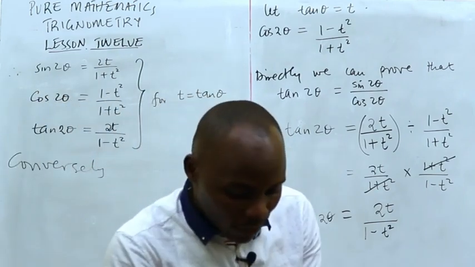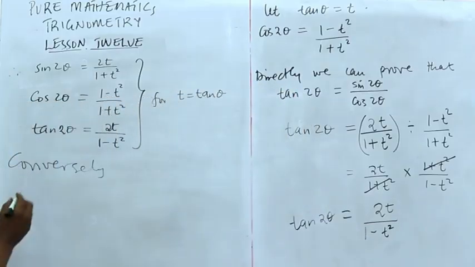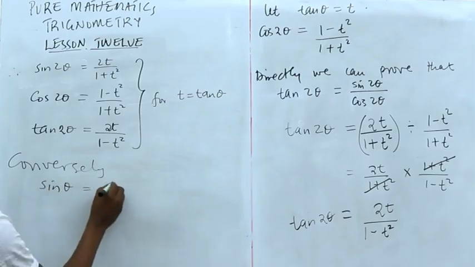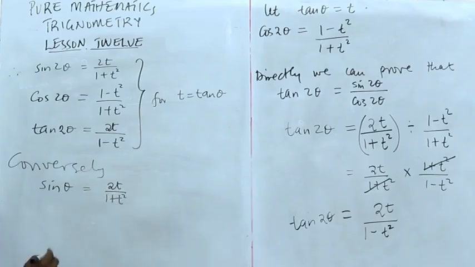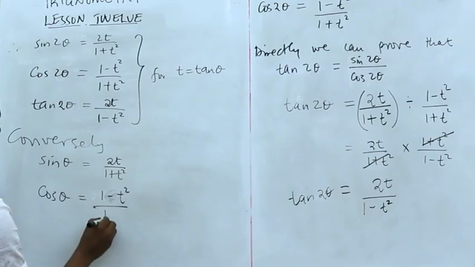Conversely, we can have sine theta is equal to 2t over 1 plus t squared. Cos theta is 1 minus t squared over 1 plus t squared.